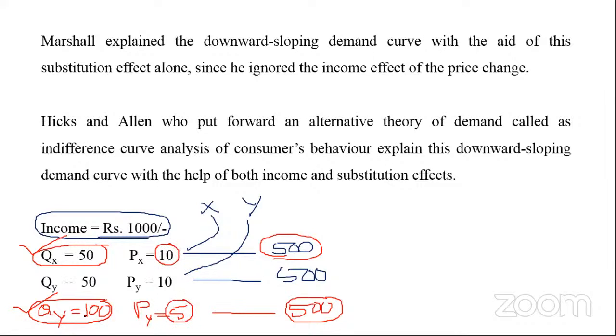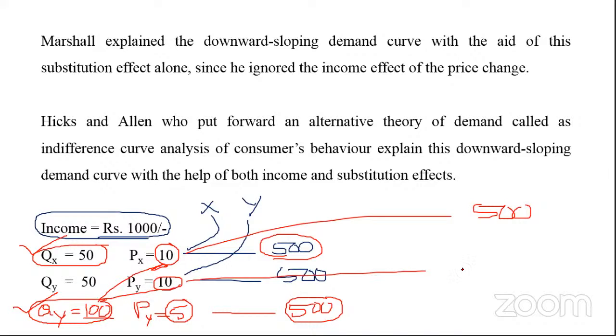How much income is needed? 50 into 10 becomes 500 rupees. 100 into 10 rupees, comparing with the base year price of 10 rupees, becomes 1000 rupees. So when the individual's income becomes 1500 rupees, only then is he capable of purchasing 50 units of X and 100 units of Y.